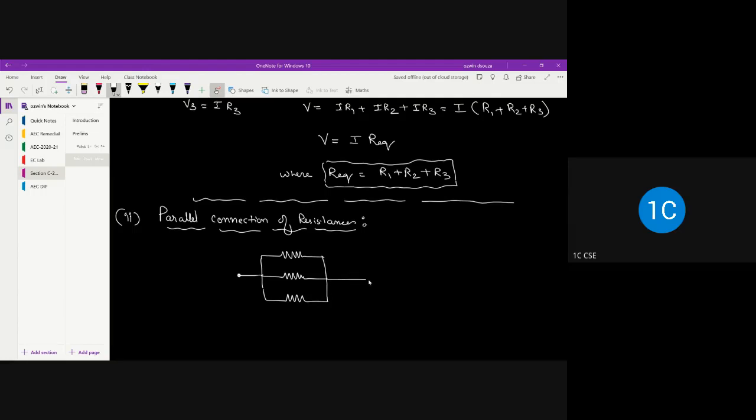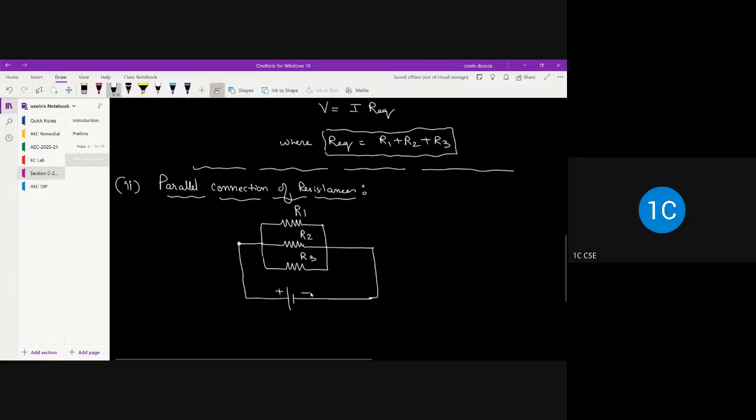They are connected in parallel, and the whole combination is connected across a battery. Let's assume that the battery is having a potential of V volts.